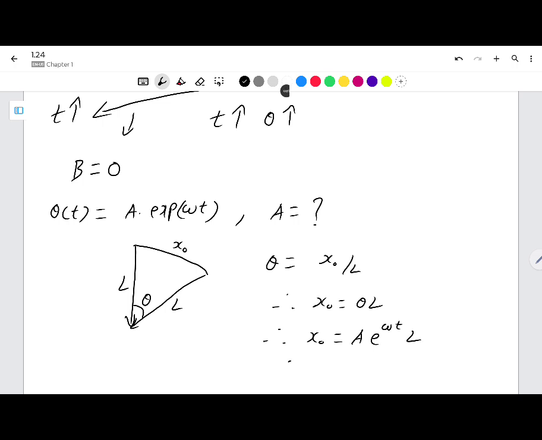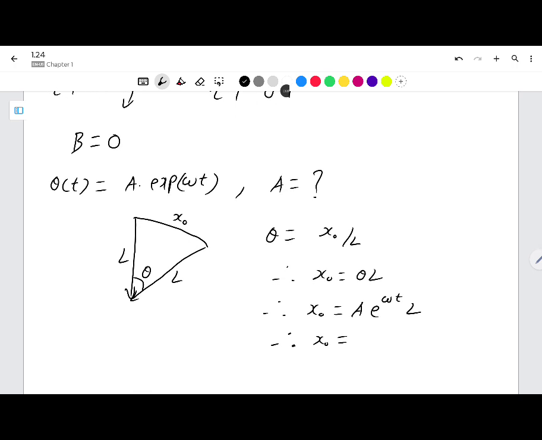Now we make the approximation that the time is very small, so this term will be almost 1. Okay, so x0 is almost a times L.